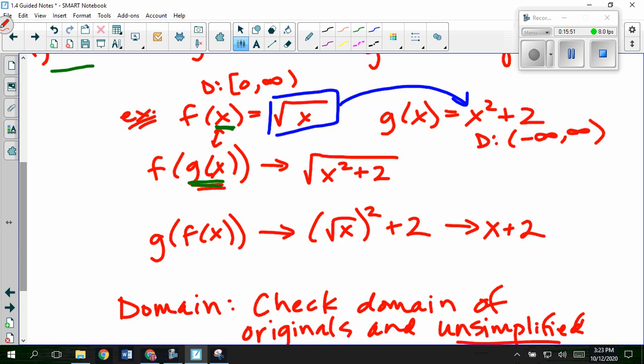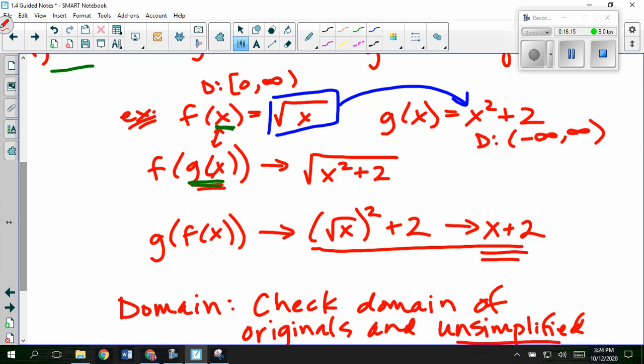But when I put things together, and I look at what's new, even though I have some restrictions on the originals, if I were to just go all the way to the end and talk about what restrictions I have at the end, I would be missing the fact that I still can't have any negatives.